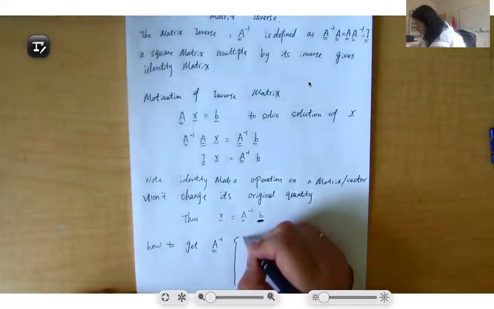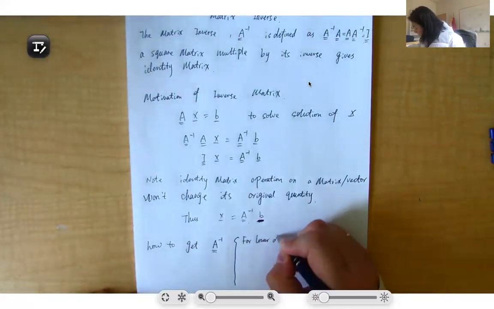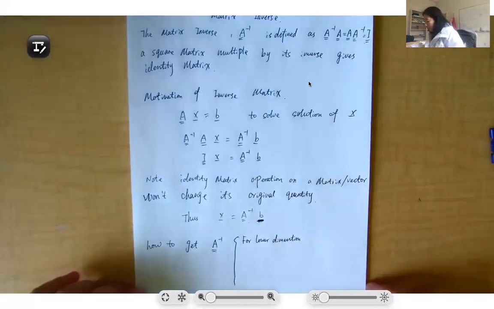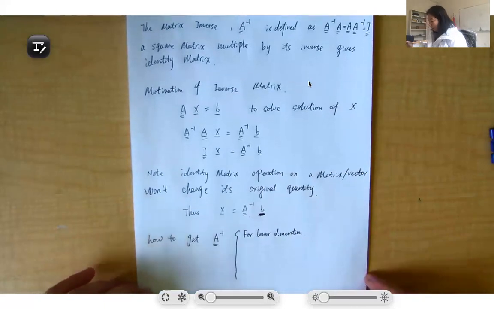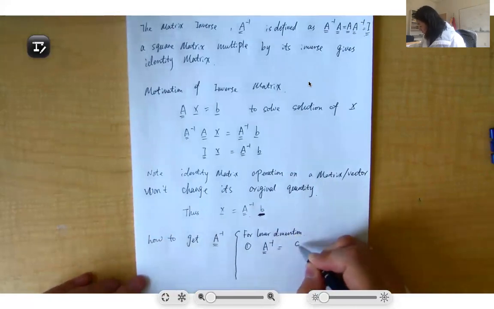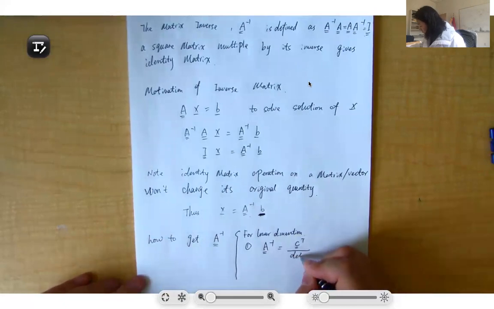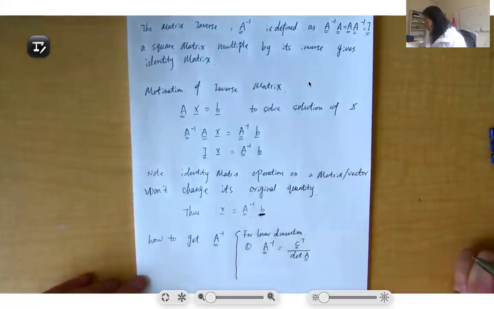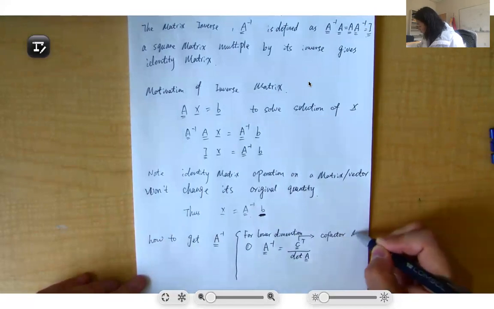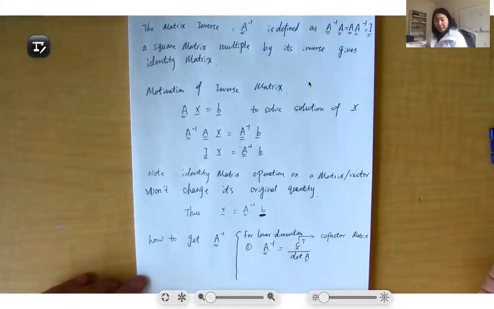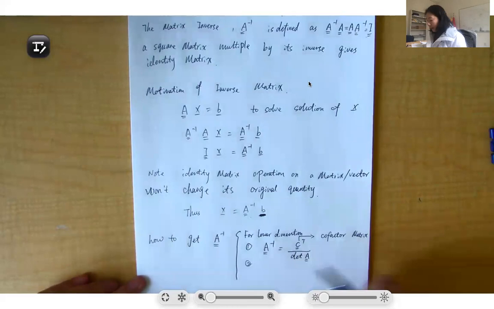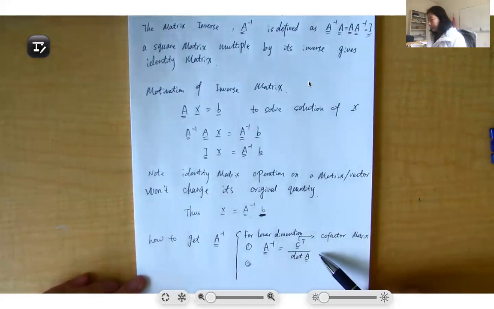For lower dimension, for things that are solvable by hand, the first method is A inverse equals C transpose divided by the determinant of A, where C is the cofactor matrix of A. We will make an example of how you get the cofactor matrix.